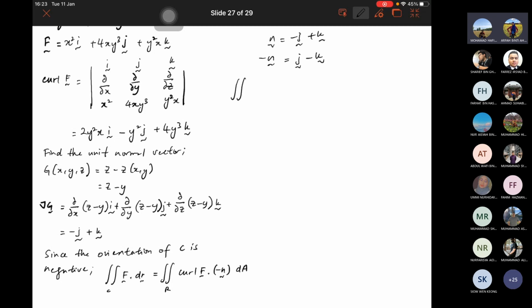So integration over the bounded region R, okay, for curl f negative n dA, it will be integration over the bounded region R. Curl f is 2y squared x i minus y squared j plus 4y cubed k, having the dot product with j minus k dA.